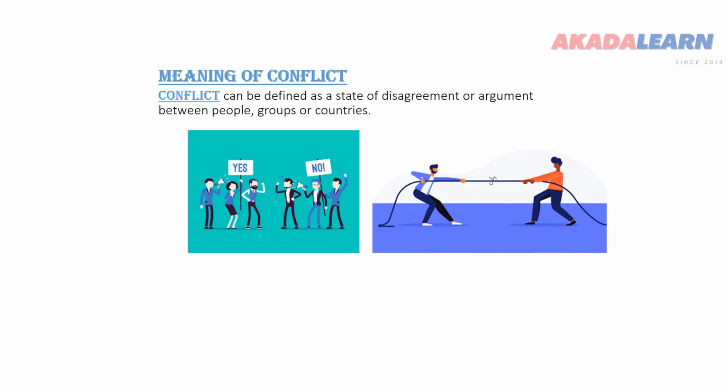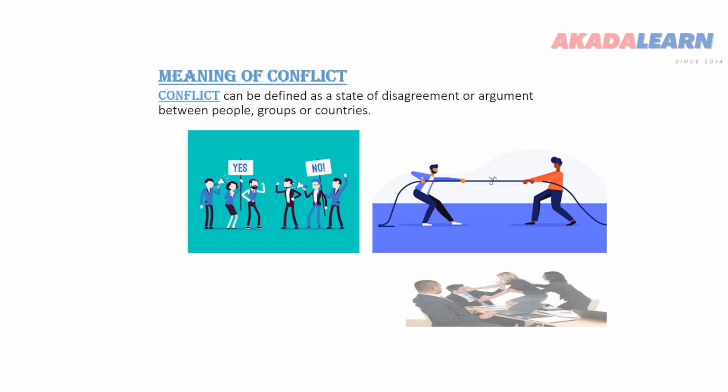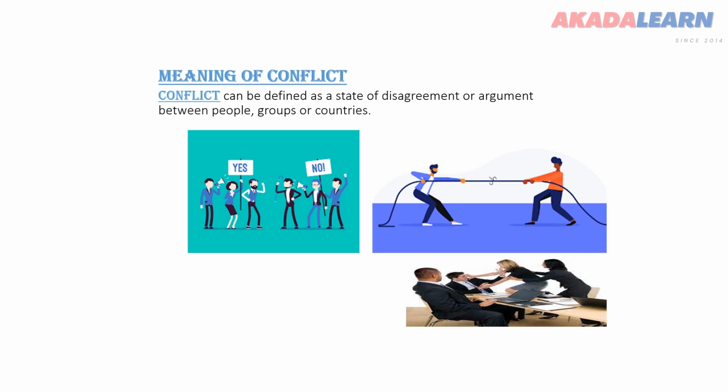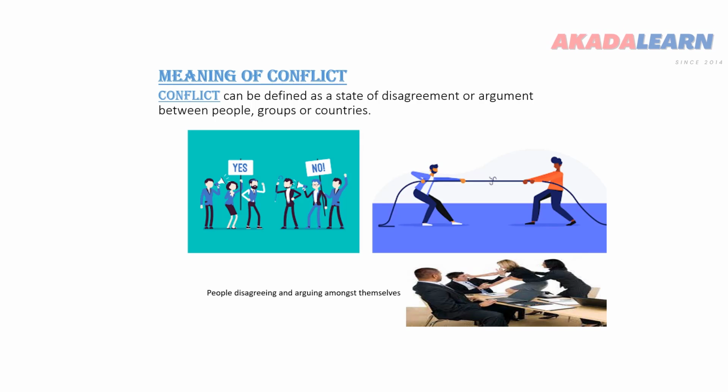This seems to be like a tug of war, where the guy on the blue shirt is dragging towards the left, while the guy on the red shirt is dragging towards the right. So wherever people are more than one, there's bound to be conflict. These are some people in a meeting arguing and fighting. So these are all pictorial representations of people disagreeing and arguing amongst themselves.